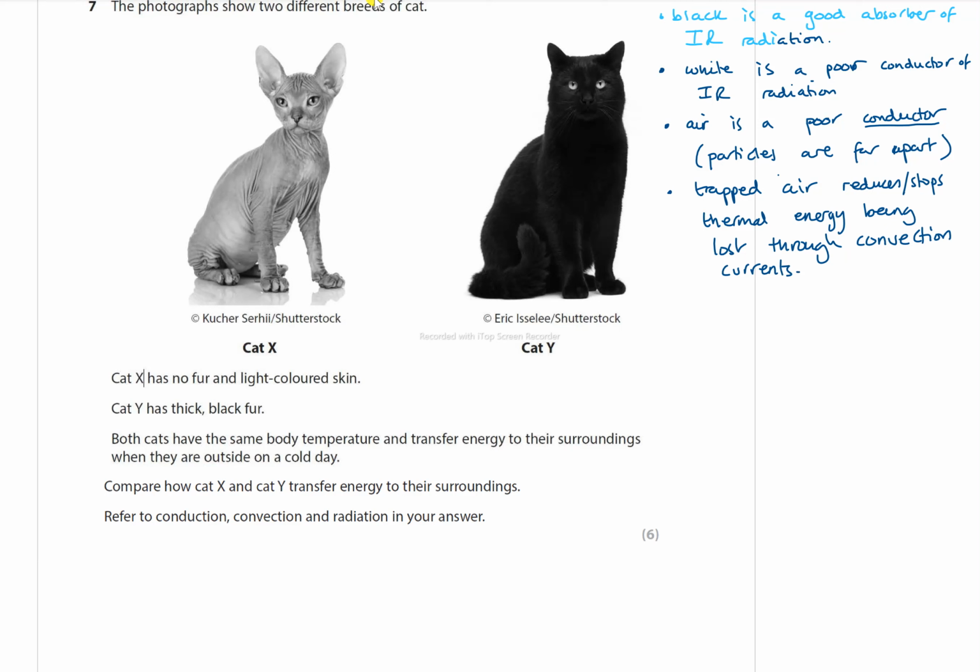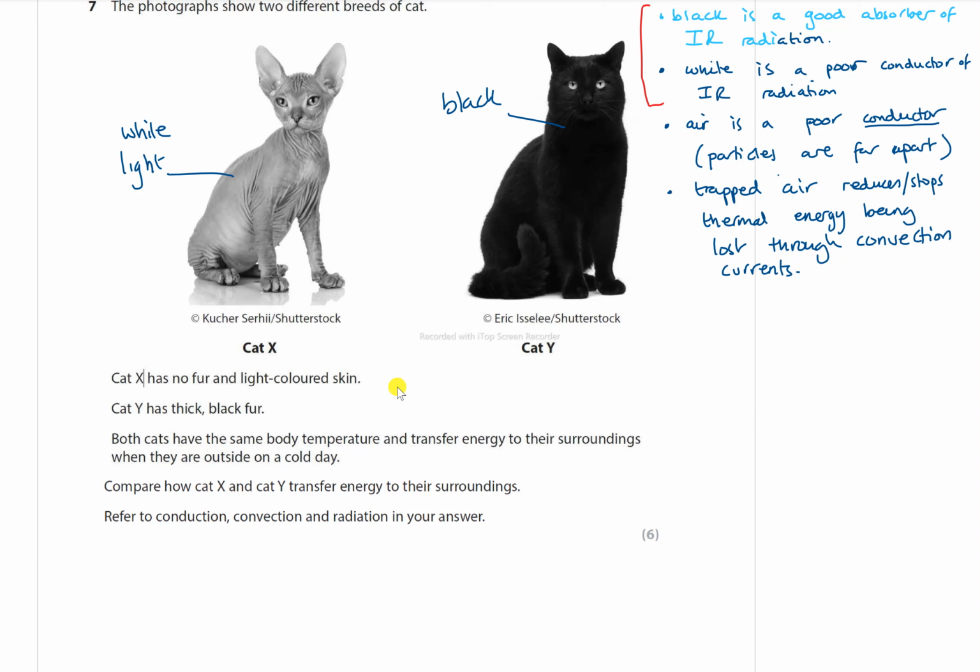So let's put that all into our heads. Right, okay. Cat X has no fur and is light colored, so that's white, and this is dark colored, black. So we should be thinking in these terms.